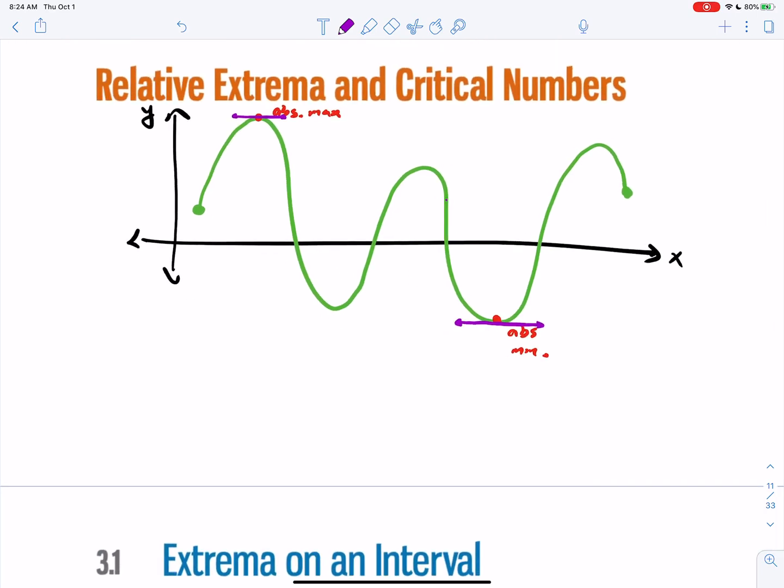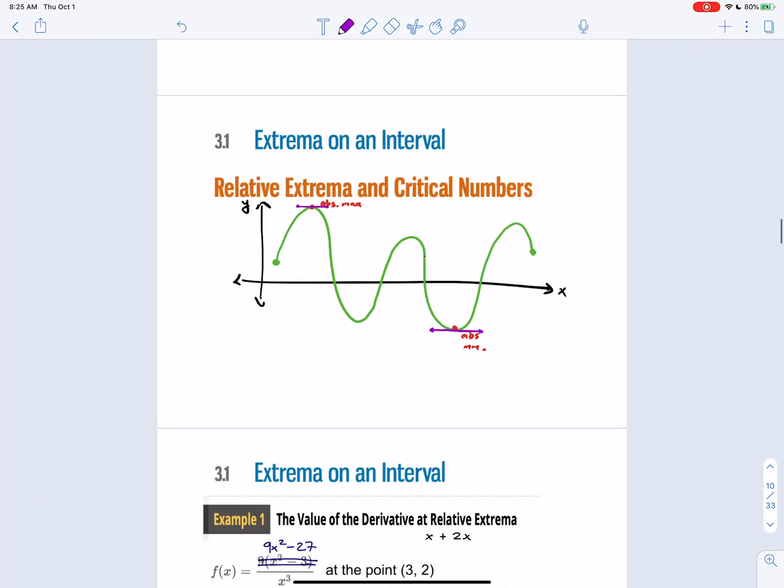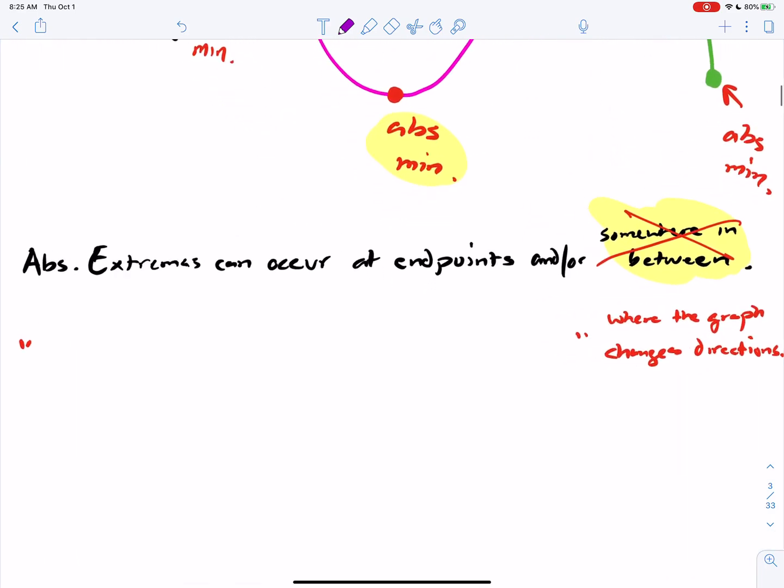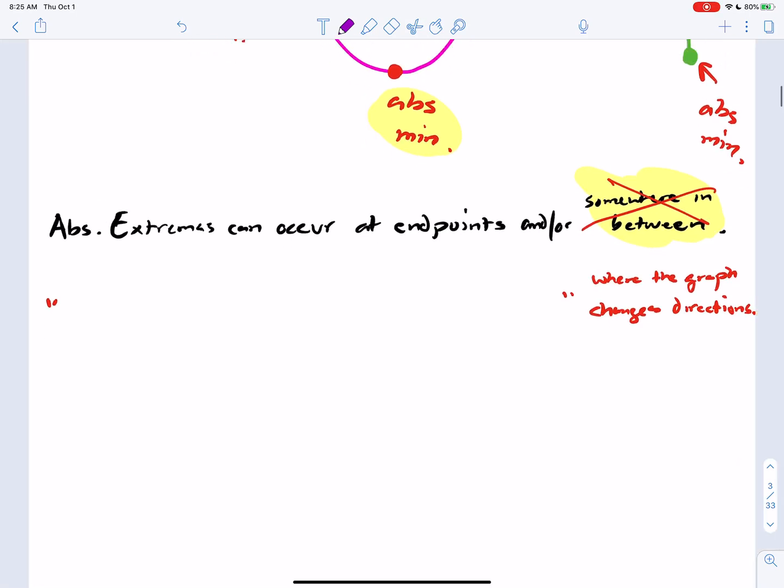Okay, so here's what we've done. We noticed something a little bit more. We noticed that the tangent lines are both the same in terms of their orientation. Specifically, we know that these tangent lines are horizontal at these absolute extremas. So we're going to go back real quick to the beginning of your notes here. We're going to modify this a little bit more. We said absolute extremas can occur at endpoints and or where the graph changes directions. We're going to do one better.